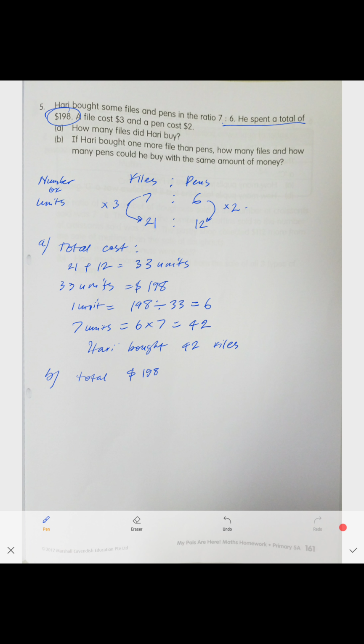They tell us he bought one more file than pens, so we need to remove 1 file. $198 minus $3 for 1 file, and we get $195.